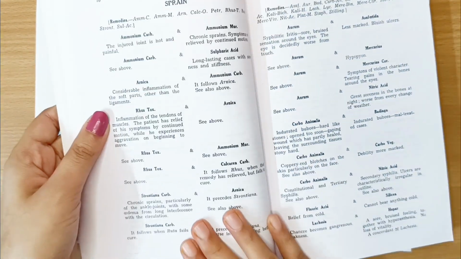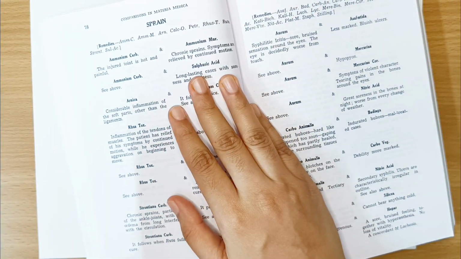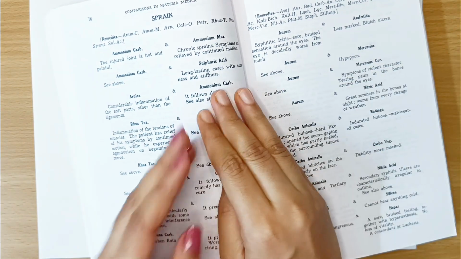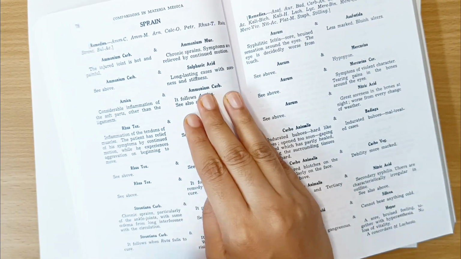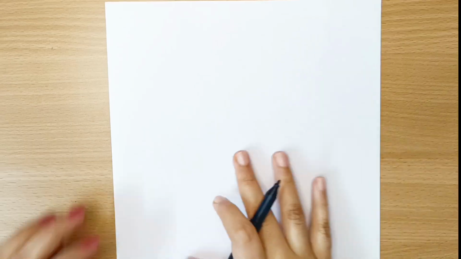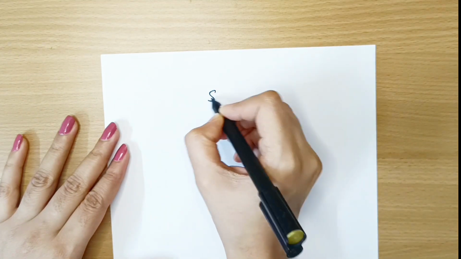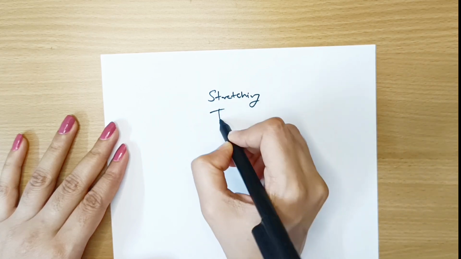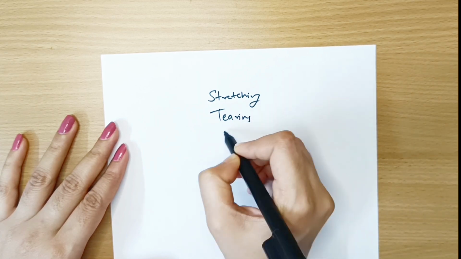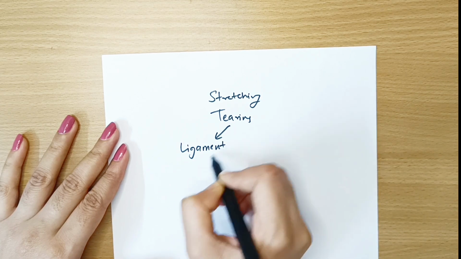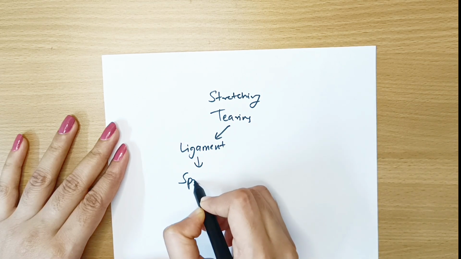For that, first we'll understand the clinical condition sprain. We'll start from the basics, although many of you must be knowing about it. Let's just revise our basics. If there is a stretching or a tearing of any ligament in our body, then that is called a sprain.